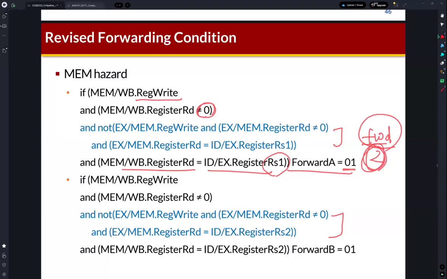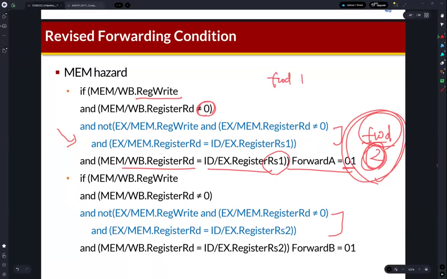And then we also need to check that forwarding case 1 is not valid. Then forwarding case 2 is selected. So we can think that the priority of forwarding case 1 is higher than the priority of forwarding case 2. Do you understand?